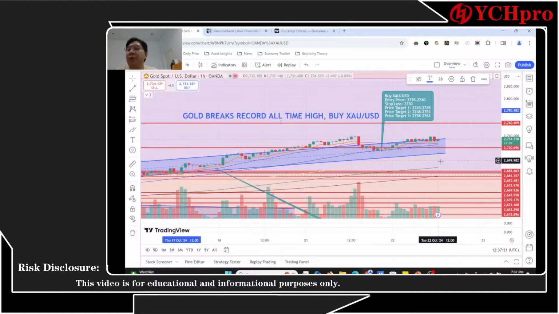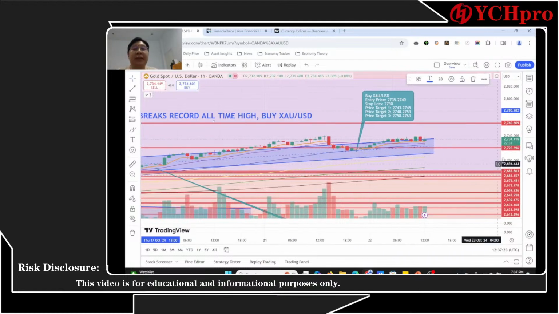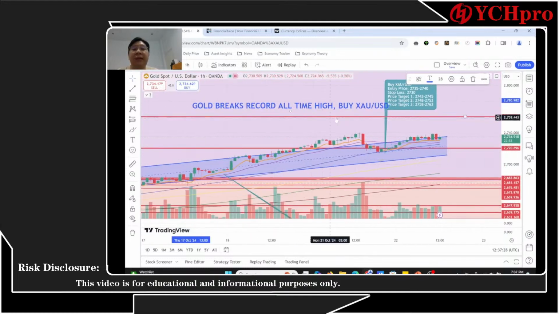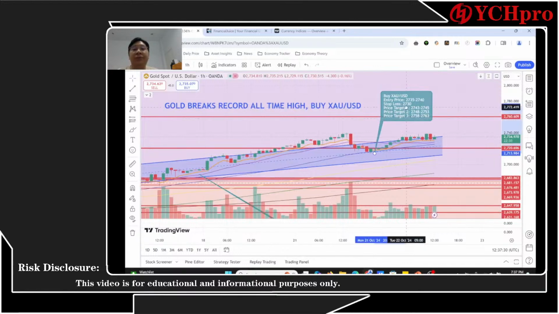But one thing is for sure: gold is still going higher and higher. There could be some obstacles in the future, but my view is still very clear. I'm still seeing good signs that the market should be heading higher instead of lower.